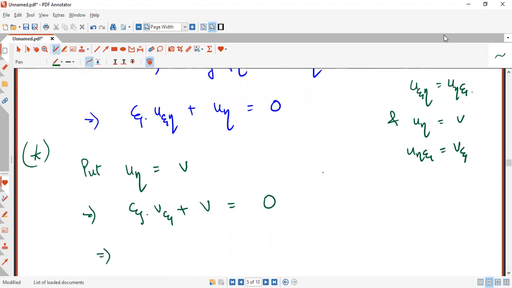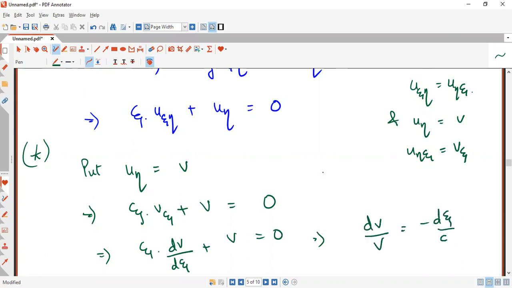Check what you're getting. Xi times of v xi, that is, xi times of dv upon d xi, that means xi times of dv upon d xi plus v equals to 0. Solve it. dv upon v is equal to minus d xi upon xi.